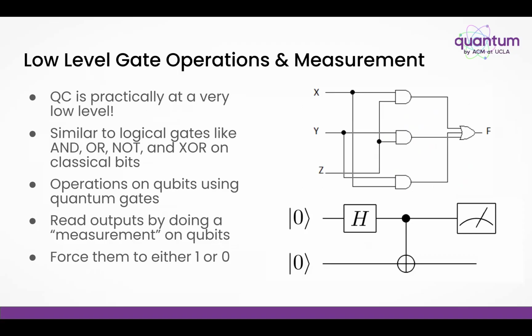If you see this image on the top right over here, this is an example of such a low level operation on regular bits. You have these three bits over here, X, Y, Z in the register, and then you see the classical AND gates acting on these bits, and you see the output over there.